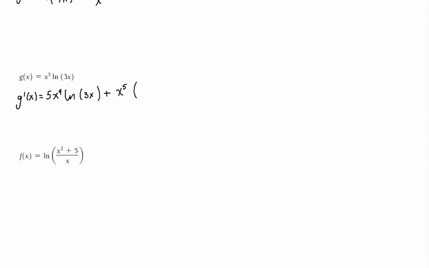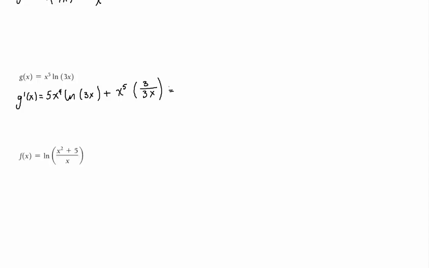Now, remember what I said about the derivative of natural log of u is u prime, which in this case is 3, over u, which in this case u is 3x.